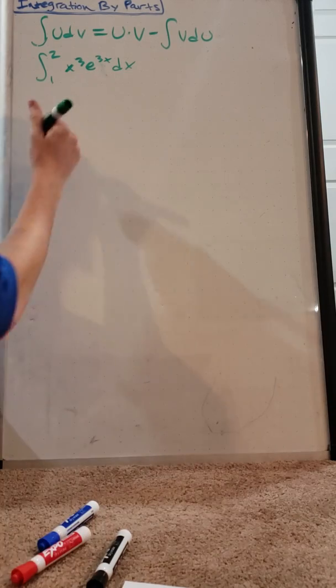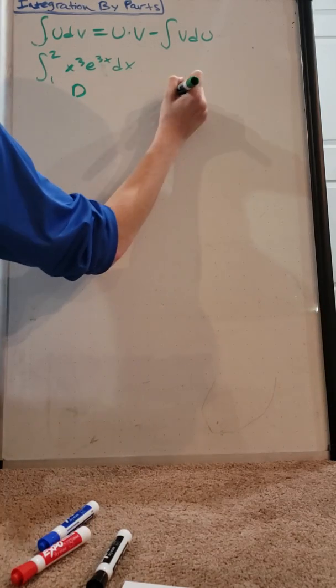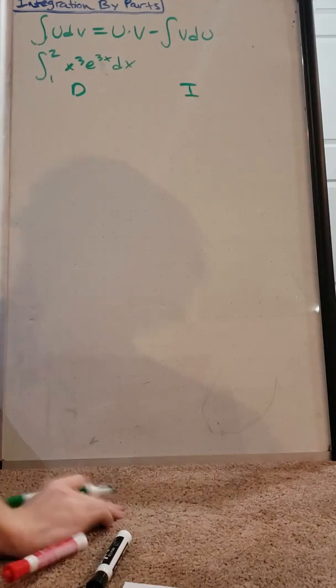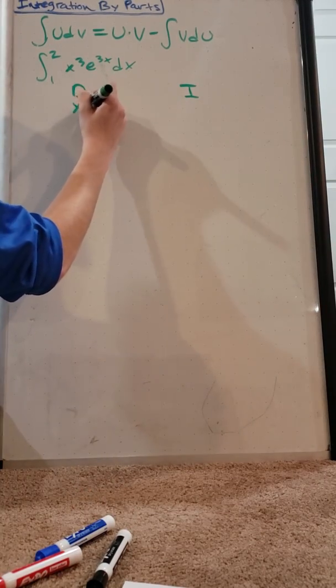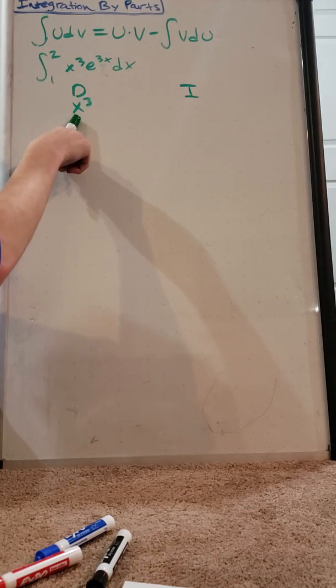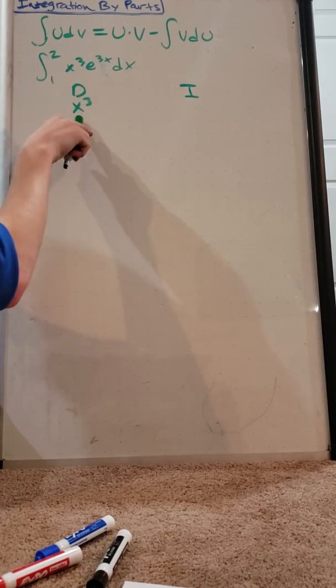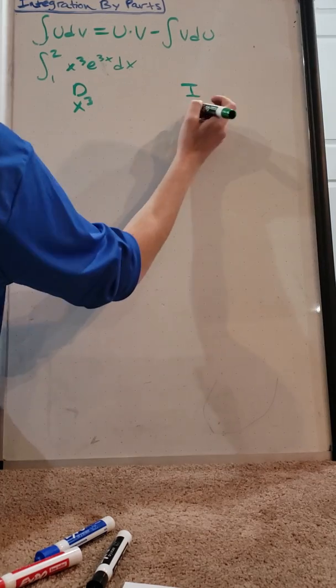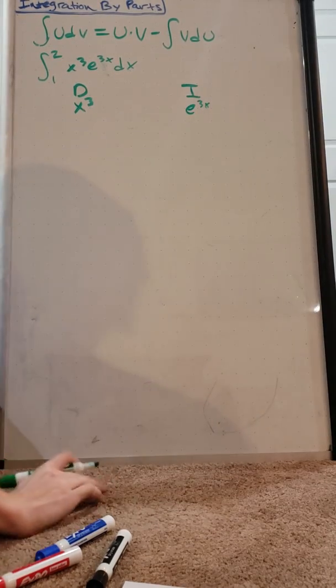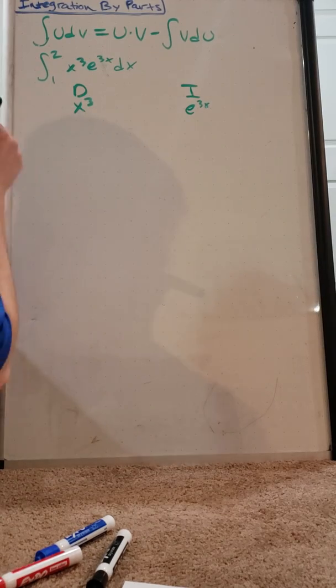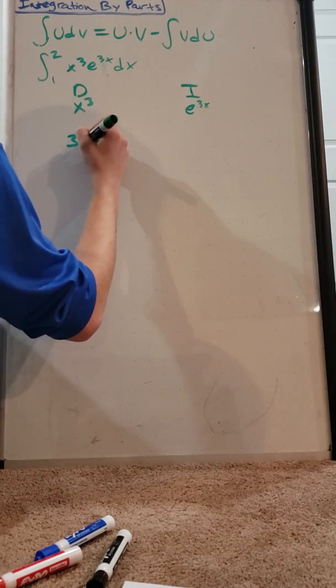What you do here is the same thing you did last time. Set your two sides for differentiate and integrate. This would be your differentiate side, because this is what you would substitute in for u. That's a polynomial and that's an exponential. So you set these where they're supposed to go, and then differentiate until you get to 0.